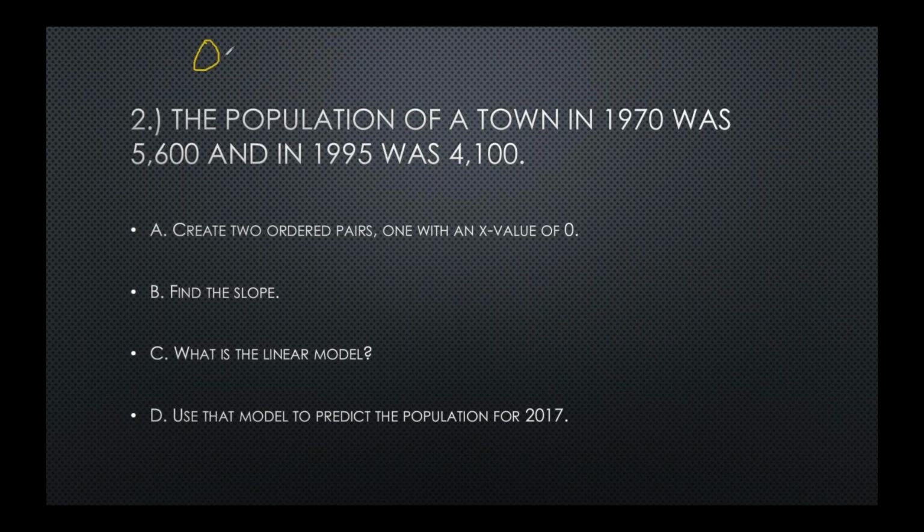So we have the ordered pairs 0, 5600, and 25, 4100. Based off of this, if you look at your first ordered pair, we now know that our y-intercept is 5600. So we have just completed letter A, which was to create two ordered pairs, one with an x value of 0. If you need to write a linear model, one of your ordered pairs has to have an x value of 0.